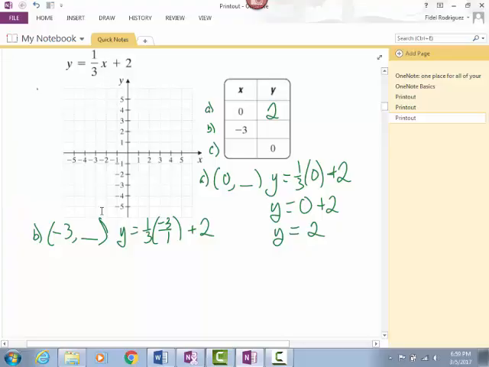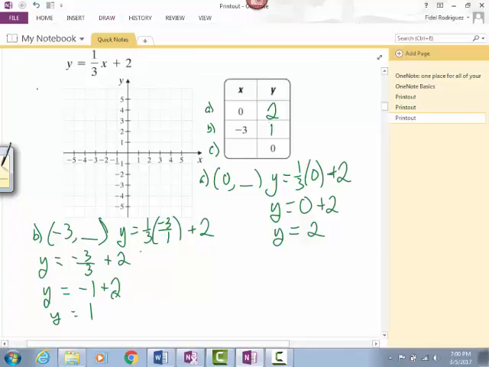Okay, so now I'm going to go ahead and write y equals, if I go straight across, 1 times -3 is -3/3 plus 2. -3 divided by 3 is a -1 plus 2. And finally, -1 plus 2 is 1. So I'll go ahead and write a 1 right there.